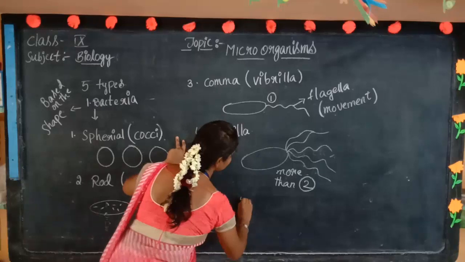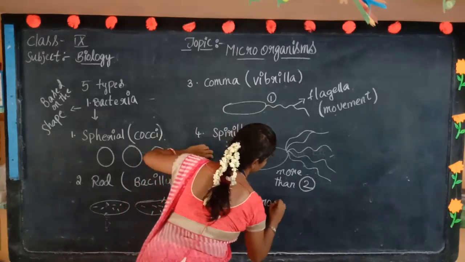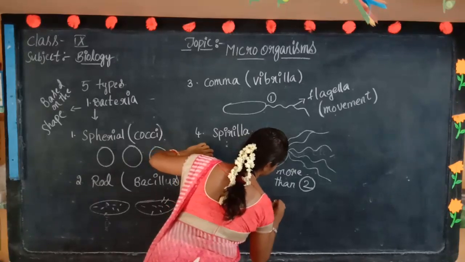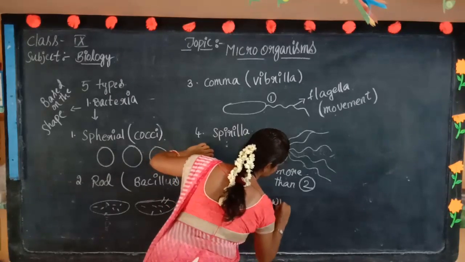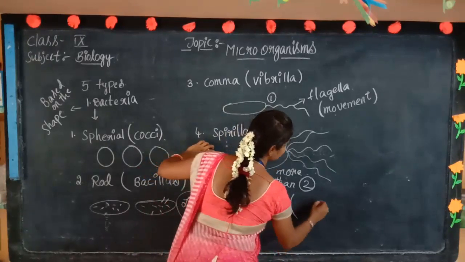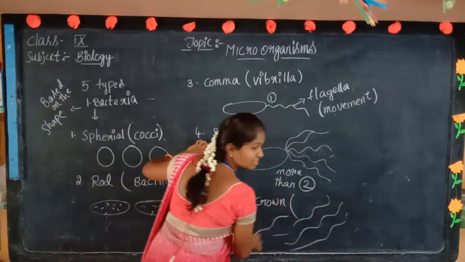And the fifth one is the corkscrew. Fifth one is corkscrew. This is nothing but strings. It will be like strings only.